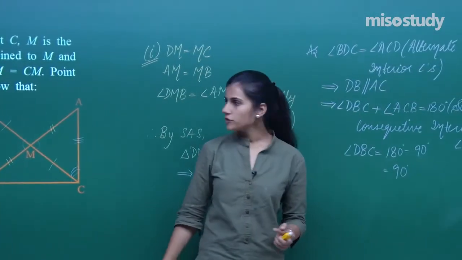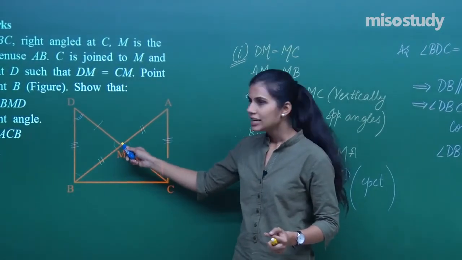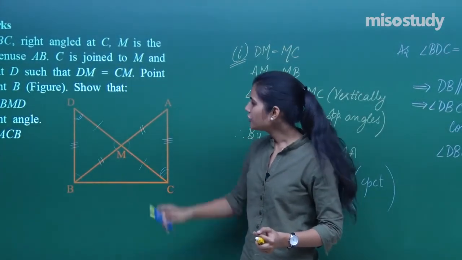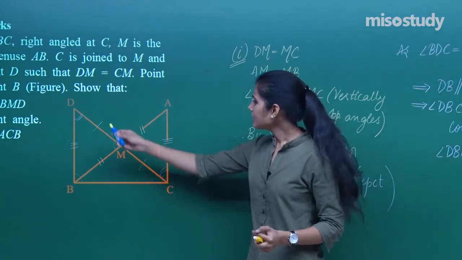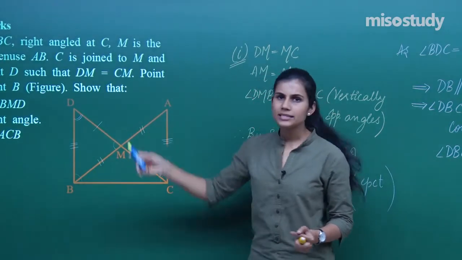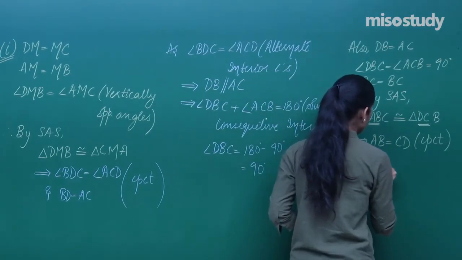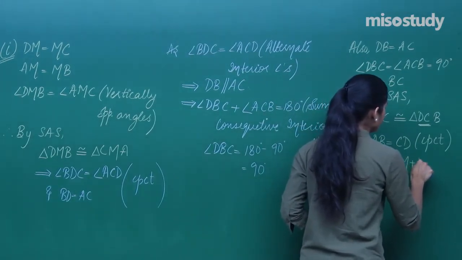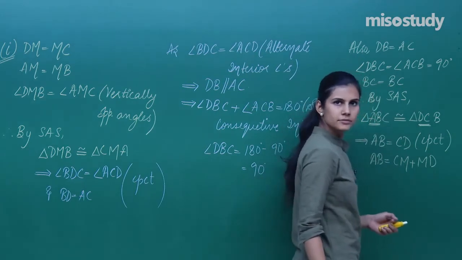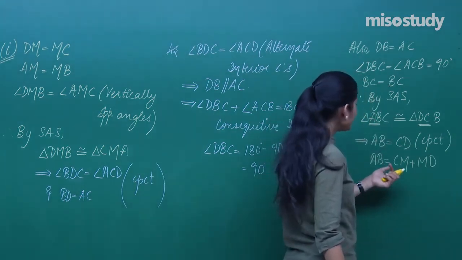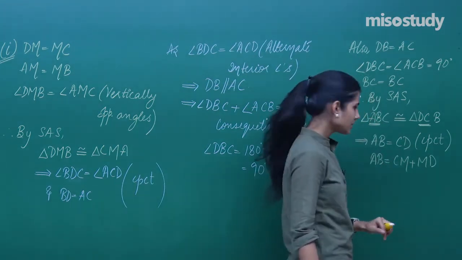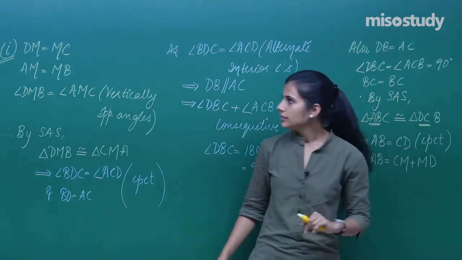If M is a midpoint of CD, I can write what? I can write CD as CM plus MD, right? If AB is CM plus MD and CM is same as MD, isn't it?